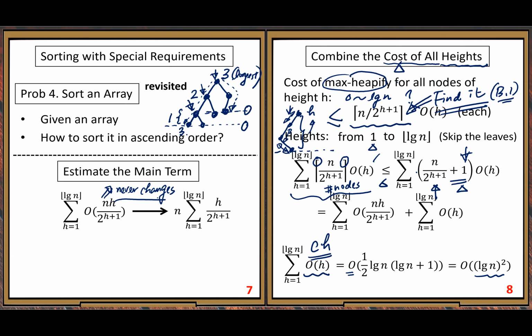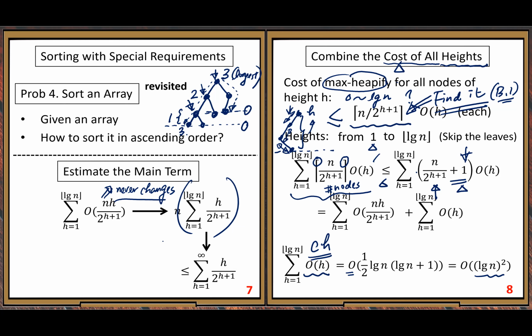If n never changes, we can treat it as a constant, and if it is a constant, let us factor it out of the summation expression to make it simpler. Because n is outside, when we consider the summation part, we do not need to look at that n. Let us just focus on the summation part.